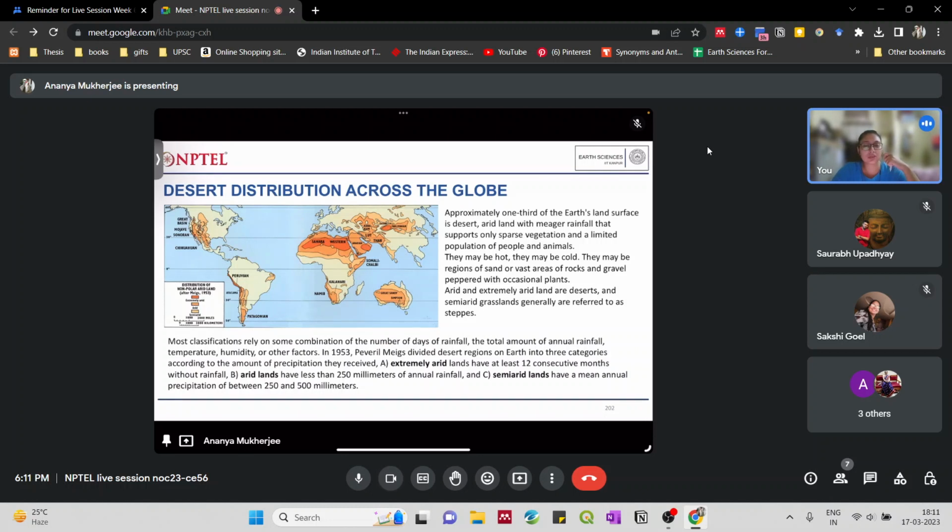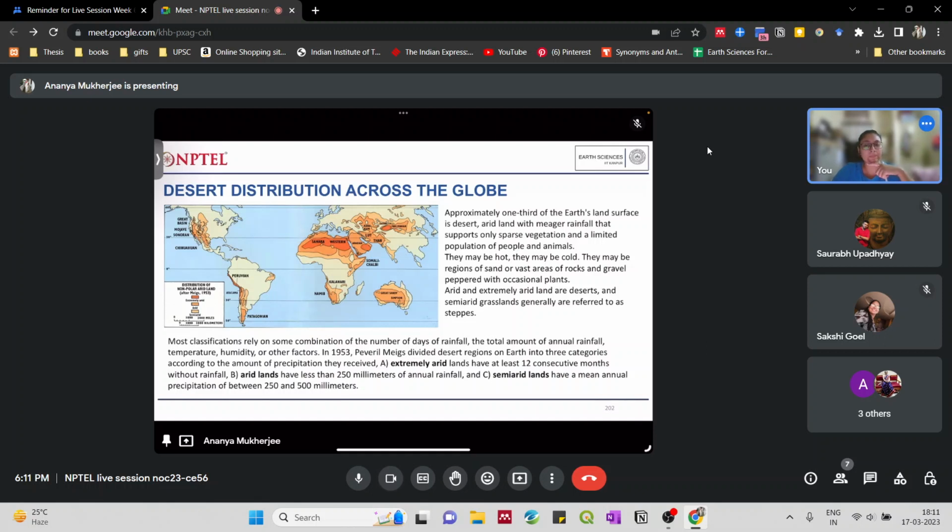These categories are based on the amount of precipitation that the regions receive on an annual basis. You have extremely arid lands, which can go at least 12 consecutive months, that is one whole year, without any precipitation.